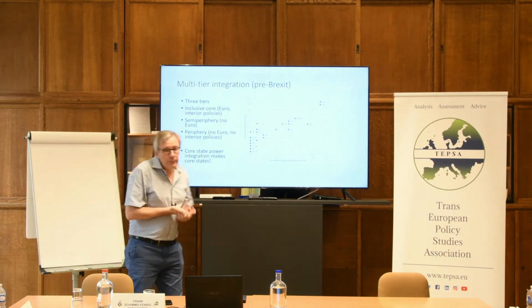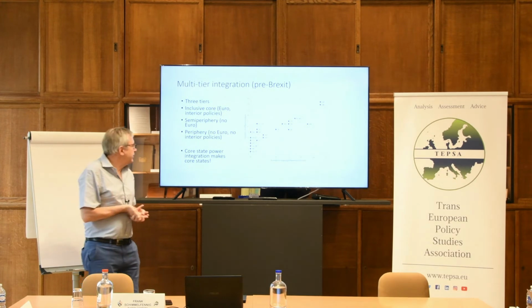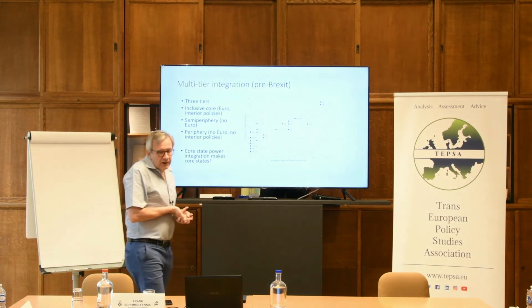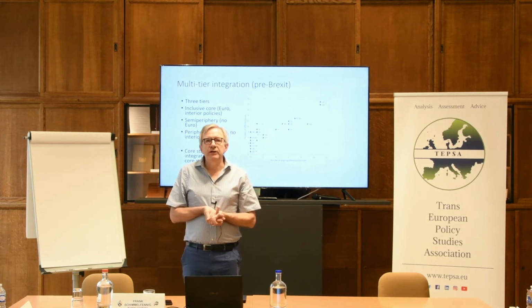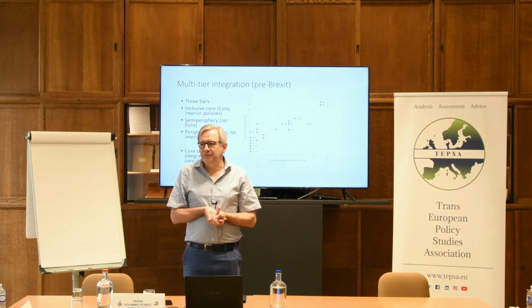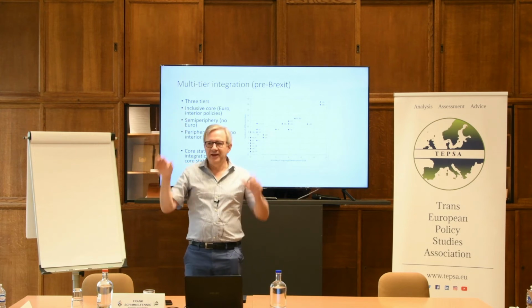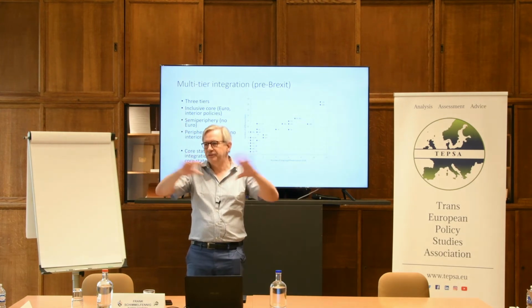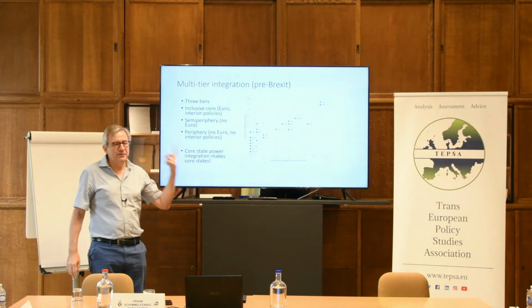Now, what I think is interesting to note here is, usually when we speak about core periphery relationships, we have the idea of something like a pyramid. So we have a small core, and then a large number of peripheral actors. So this is, of course, the other way around in the European Union.